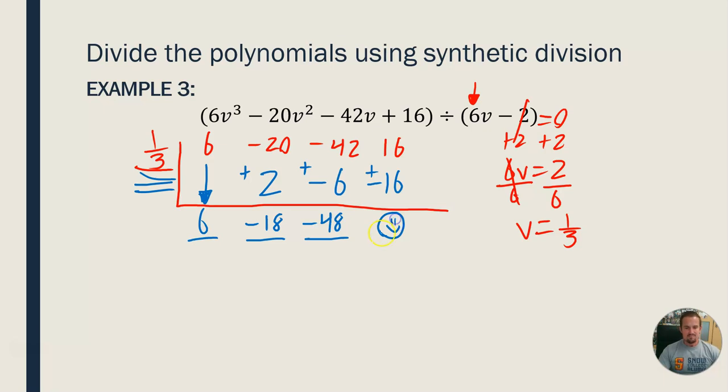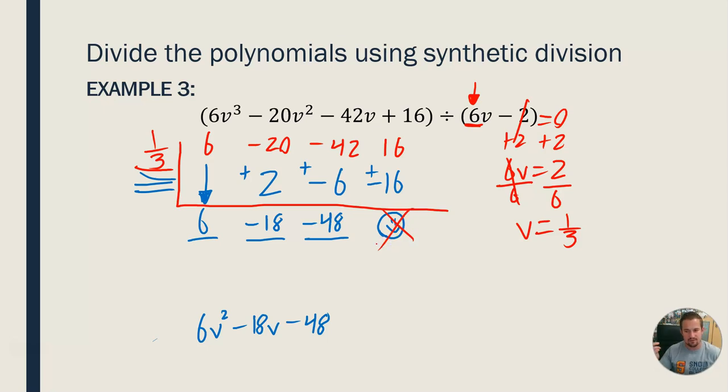I like that. Okay, so the tendency for a lot of people will be, this is not the right answer, but this is what I'm going to write down. To write their answer as 6v squared minus 18v minus 48 with no remainder. Okay? But the dilemma with that is, remember that when I'm doing synthetic division, one of our little quirky fancy rules is that if there's a coefficient here in front of my divisor, I have to divide each of my resulting coefficients, not the remainder.